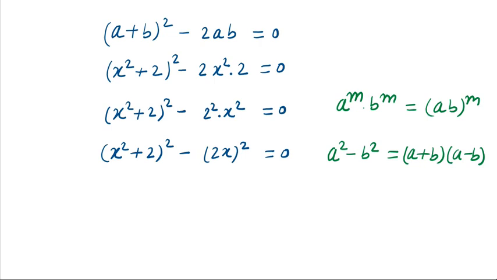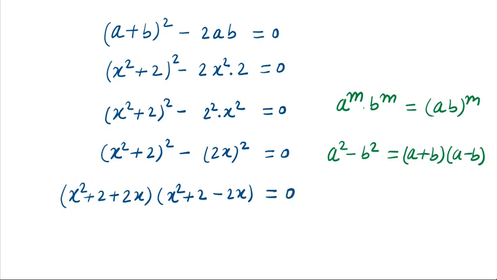Here the value of a is x square plus 2, so it becomes x square plus 2 plus 2 times x, multiplied by x square plus 2 minus 2 times x is equal to 0.